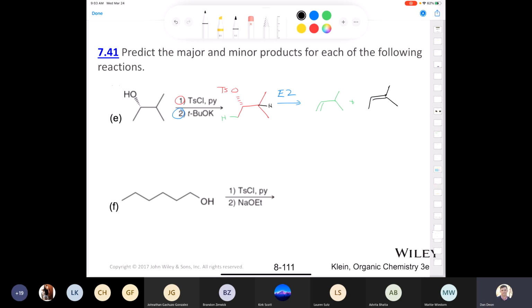Would it be the one in black or the one in green? Remember, this is a really hindered base. The green one is going to be major, and that's because the base is hindered.